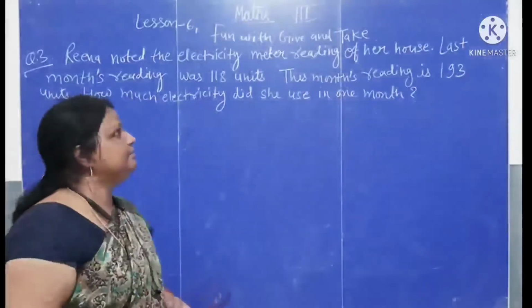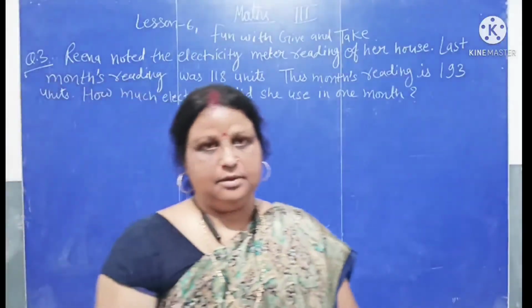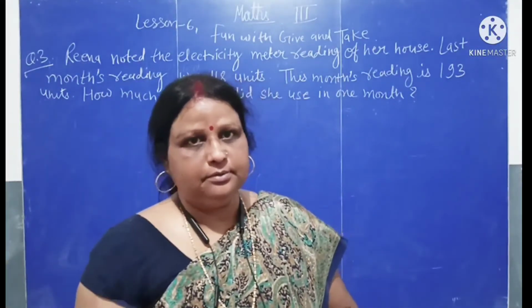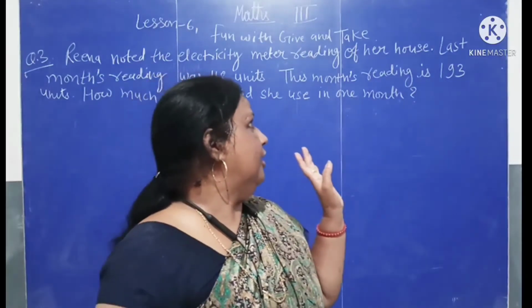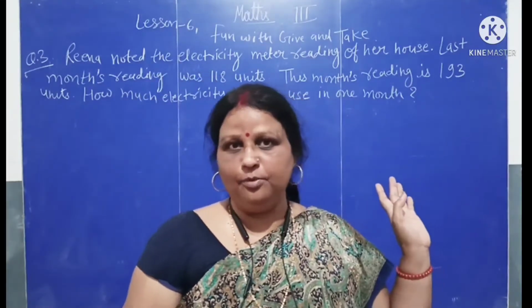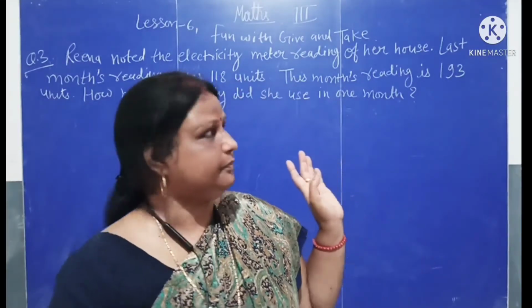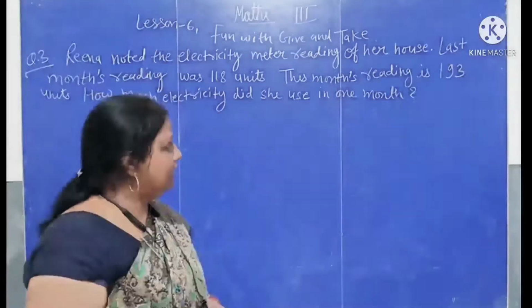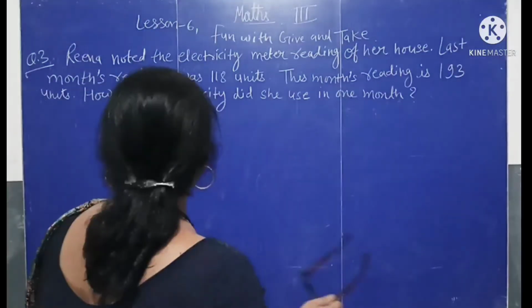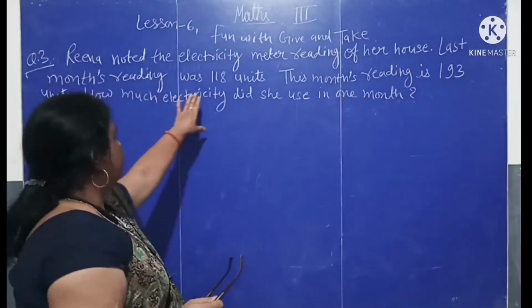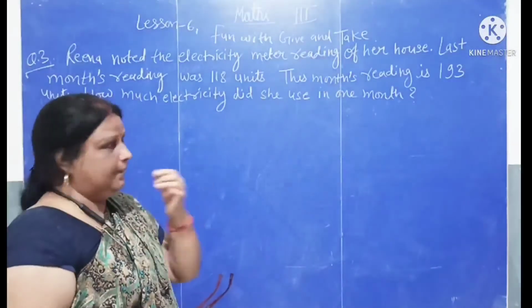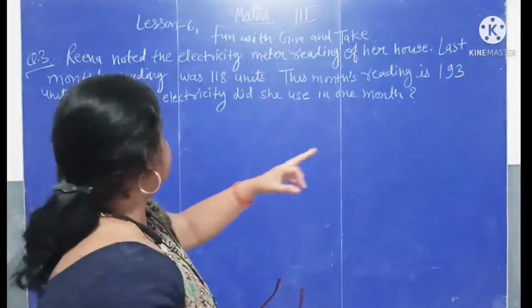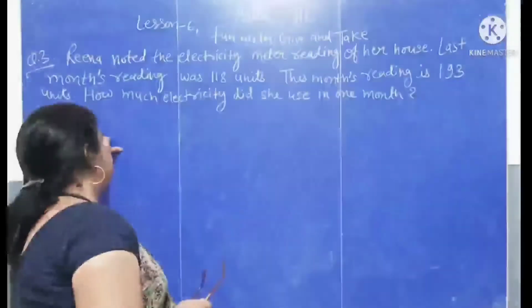Reena noted the electricity meter reading of her house. We all note the electricity reading at our home every month. Last month's reading was 118 units, and this month's reading is 193 units.